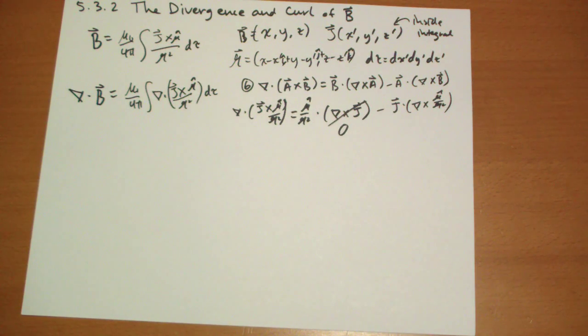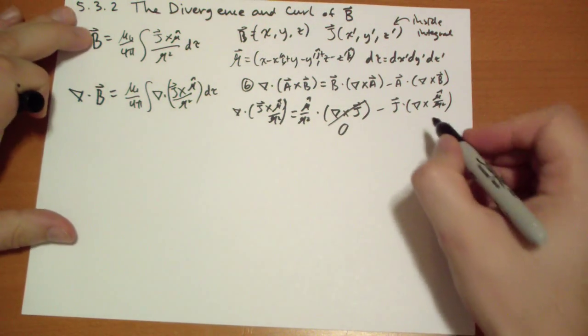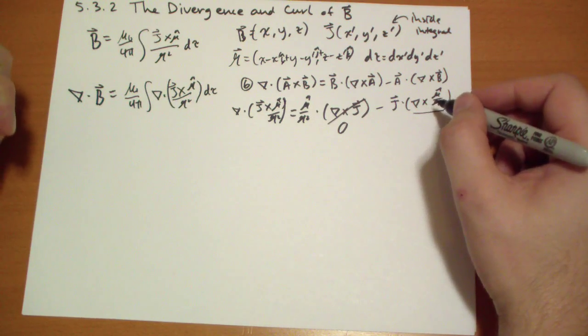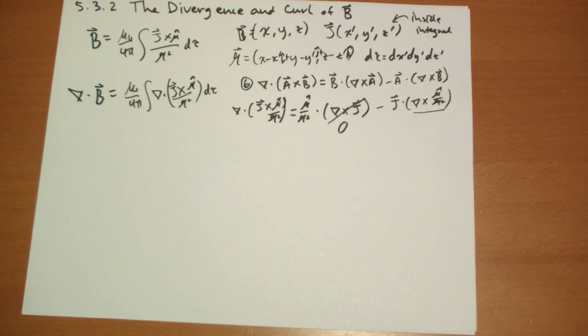But the second one is the curl of r hat over r squared.